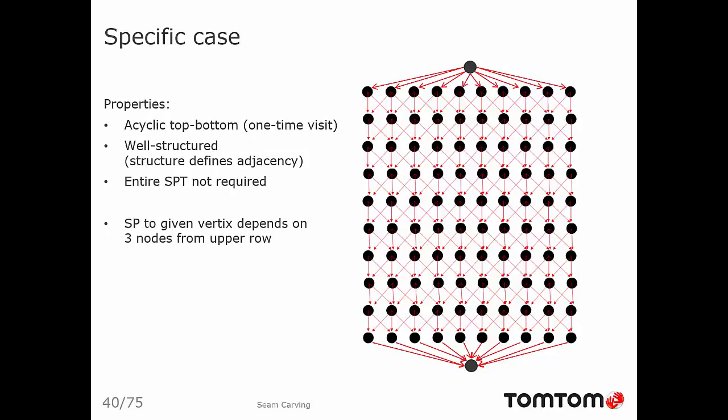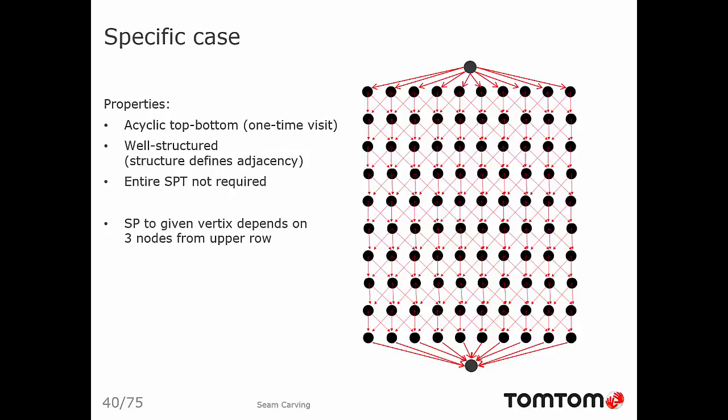Finally, what is very important is that for a given vertex, the cost to get to it from the vertices above is always the same and is equal to the energy of this pixel. So we don't need to store the weight values for every edge, but we can store them inside the vertex.